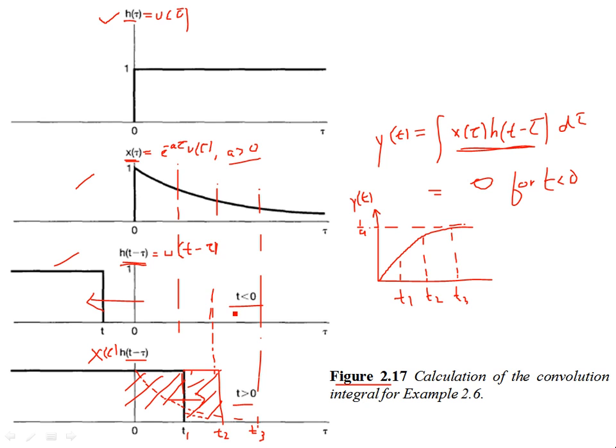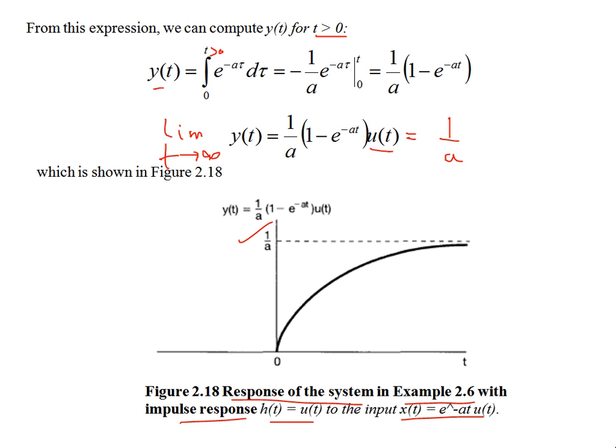In this case, for t less than 0, y of t is 0, but for t greater than 0 there is a non-zero overlap, and you can integrate this. Visually, y of t is a growing function for positive values of t. It continues growing and reaches a limit because x of t is decaying, and that limit is 1 over a in this example. Okay, that's all.